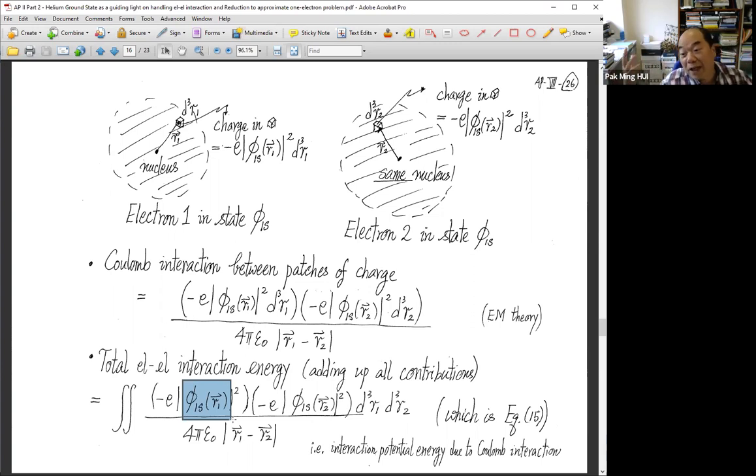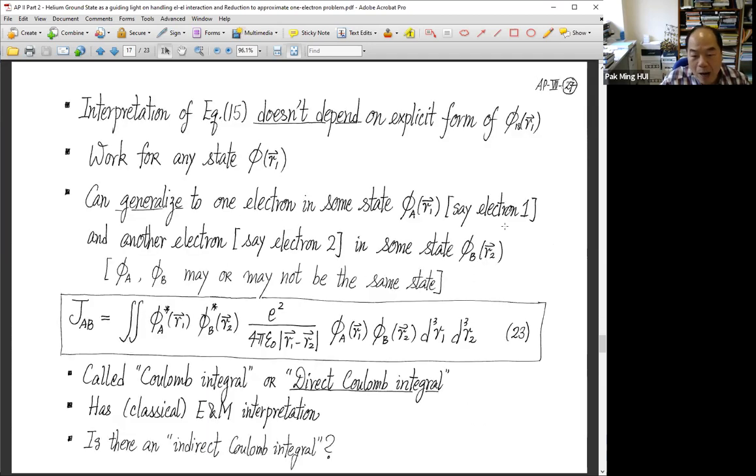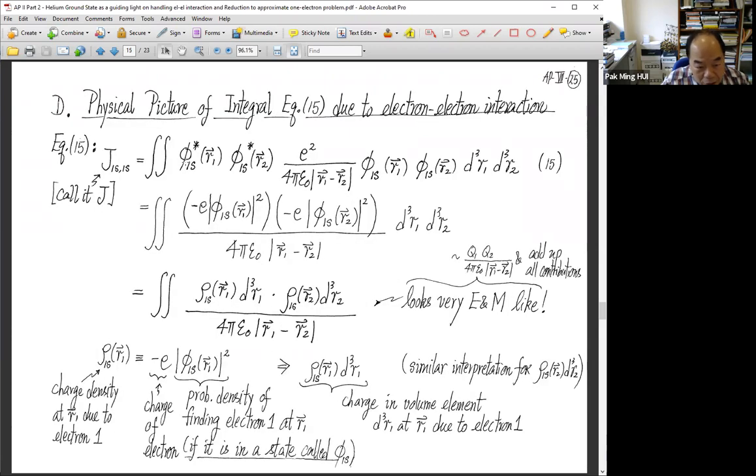Maybe there is even a better trial wave function. We don't know. But our interpretation doesn't need an explicit form. So that's point number one. It works for any state, actually. And therefore, later on, as I already hinted at, we need not consider the two states to be the same. Here, for the helium ground state, we have the same 1s.